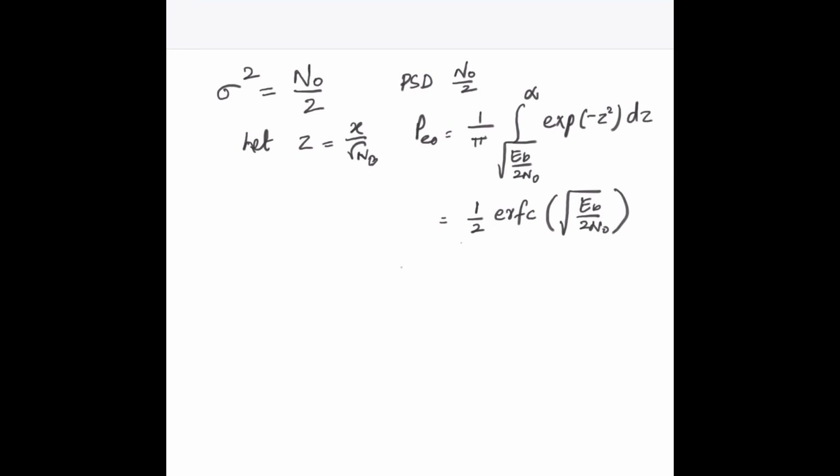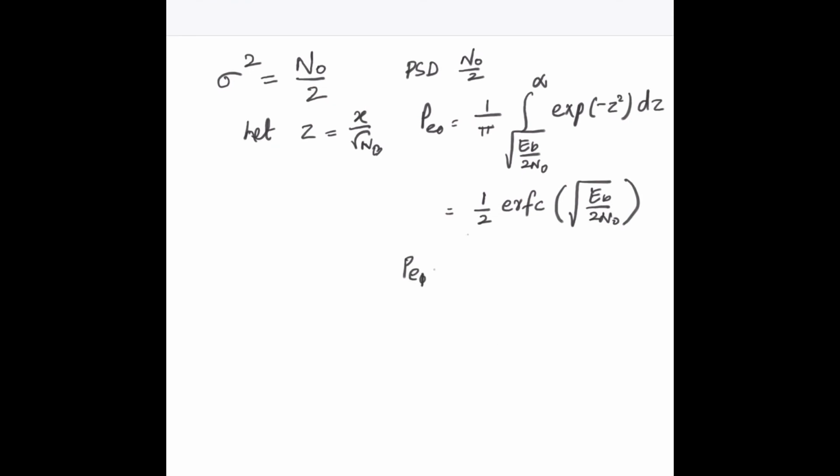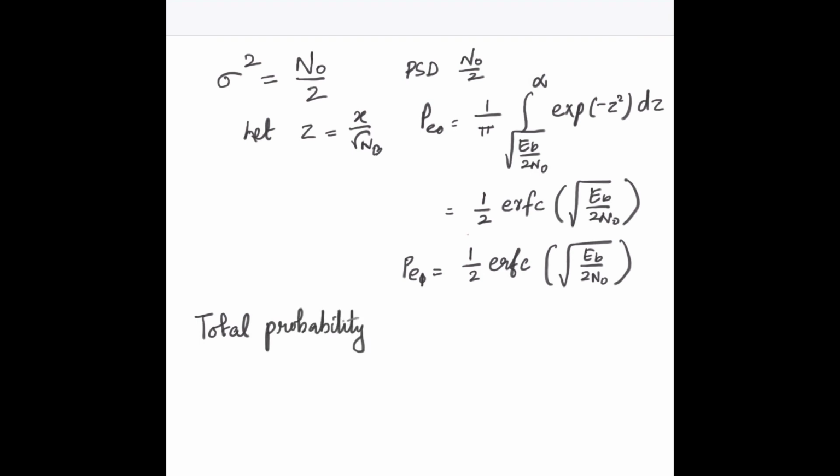Similarly, the probability of error for transmitting symbol 1 will be 1 by 2 into complementary error function of root of Eb by 2 N0, the same. So the total probability of error will be equivalent to 1 by 2 into PE0 plus PE1.